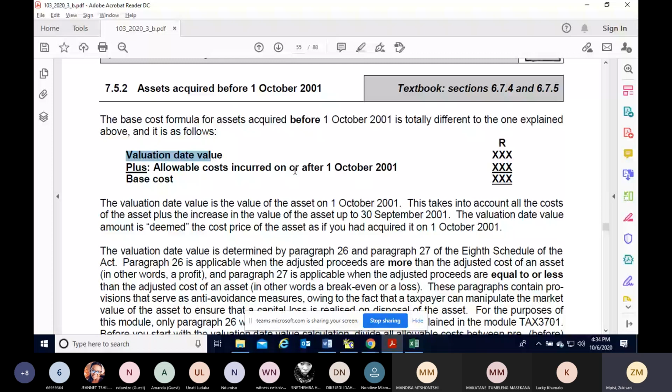So what is the valuation date value? Again, it is the value of an asset on the 1st of October 2001. And this includes all costs that increase the value of the asset up to the 30th of September 2001.